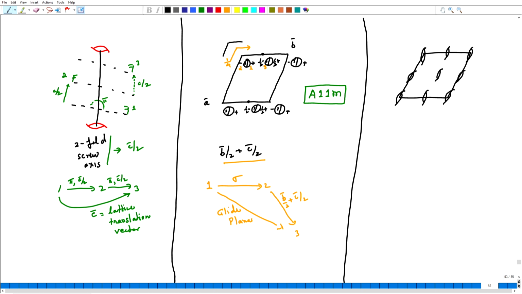So, only two-fold screw axis, no pure two-fold axis is present. And if I put the motifs in this, so let us say motif above the AB plane goes to half plus, and the translations will take me to all the corners.